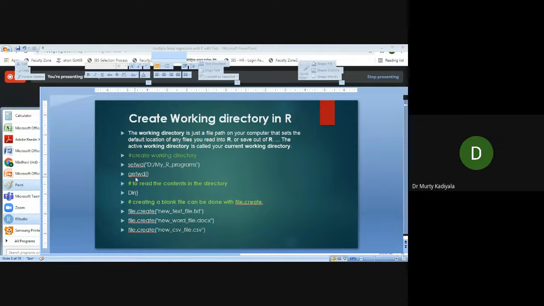Let me check what you're getting. Yes, I got C drive. C drive, documents. This command will work. There is no issue at all. I don't know why you are getting like that. So I also got C drive. Okay, sir, right now you are in C drive.